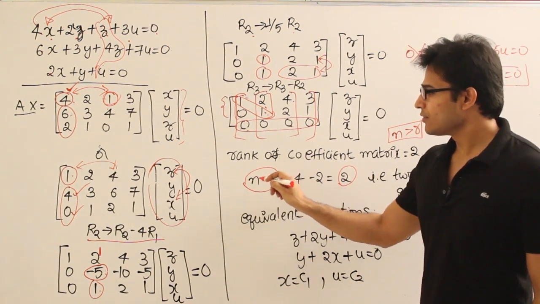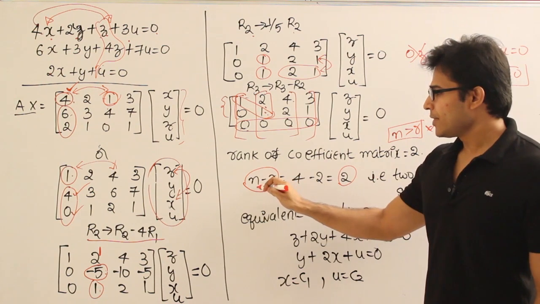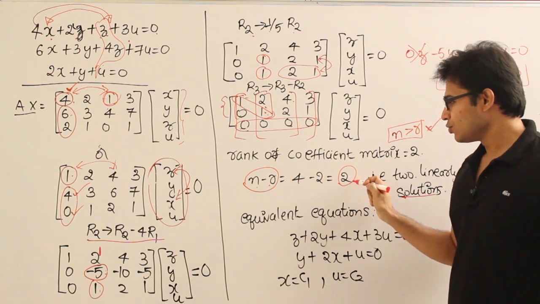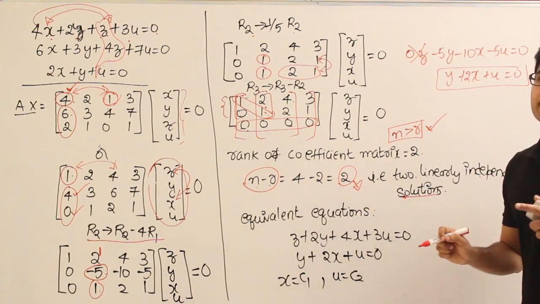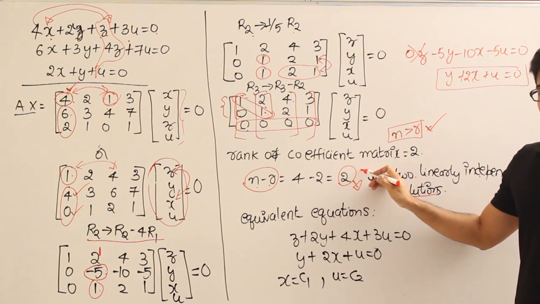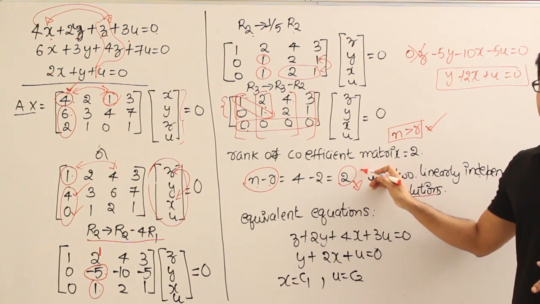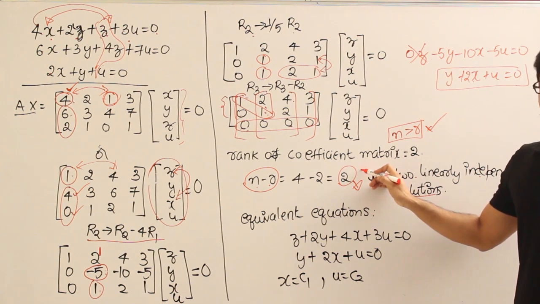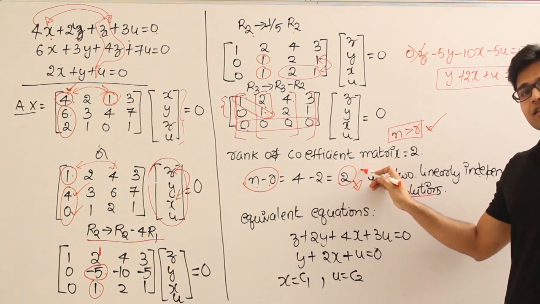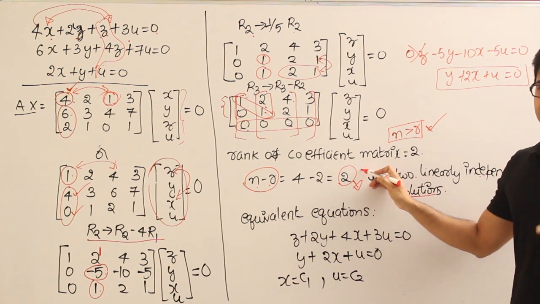What does it mean? We have to assign n minus r, which is equal to 2 unknowns, to random variables, which means random values will be assigned to 2 unknowns and the remaining unknowns will be expressed in terms of these random values, these two variables.